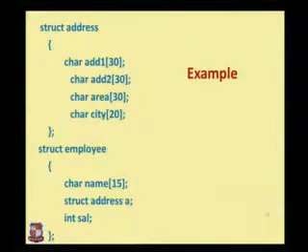So struct address A represents the calling of a structure, and it is calling the structure which has the name address. In the address structure we have included address1, address2, area, city, all the details of the address. And in the second structure, employee, we have called the structure address A.